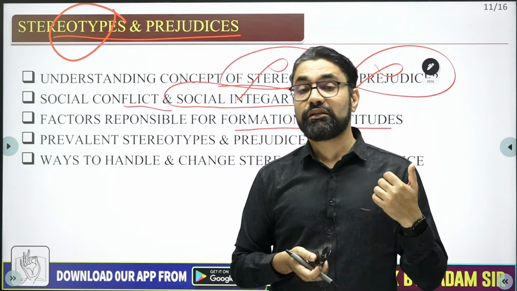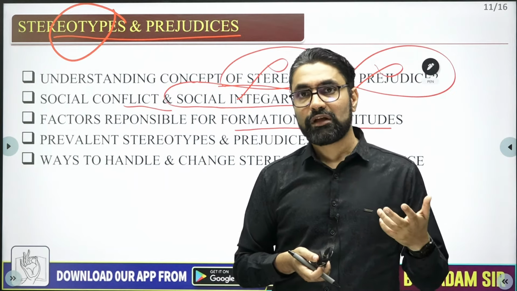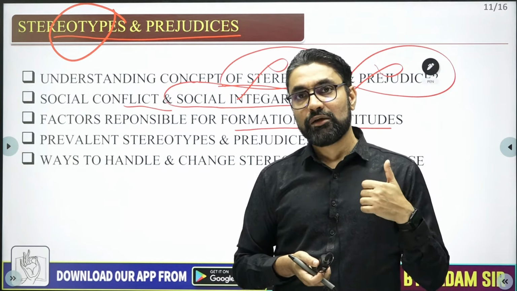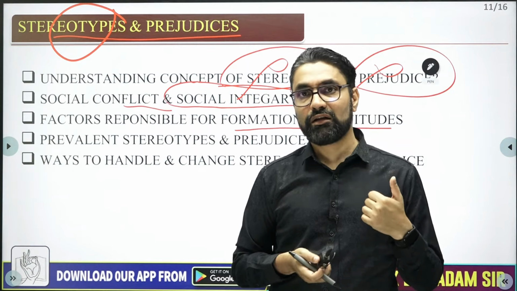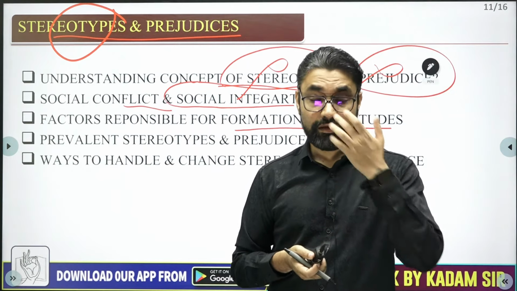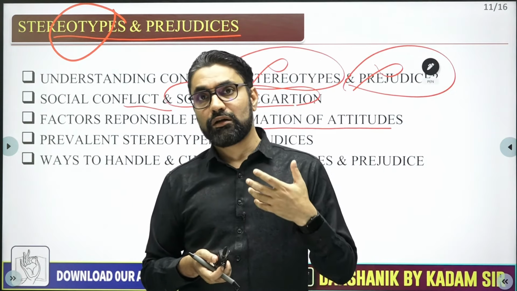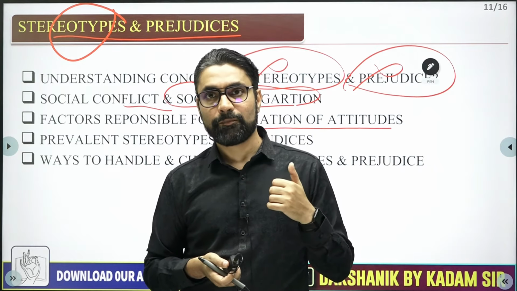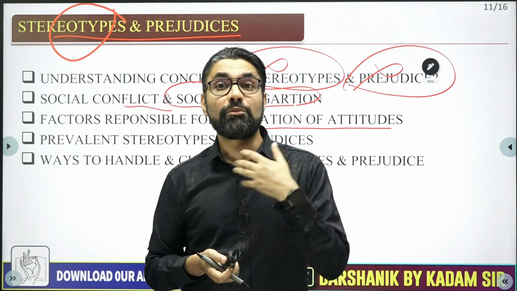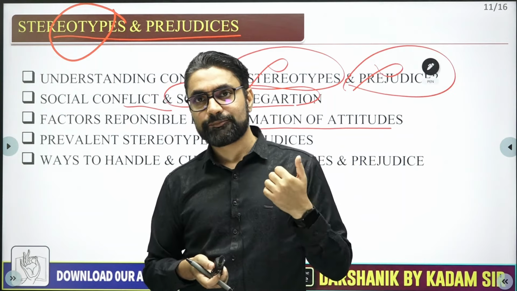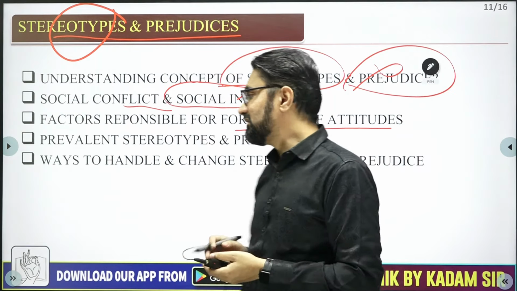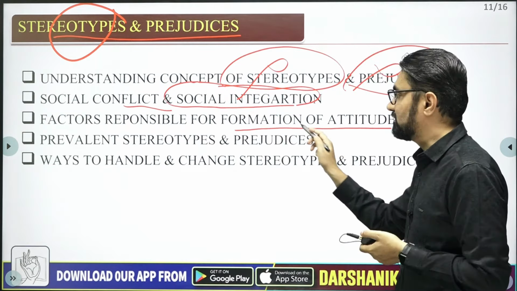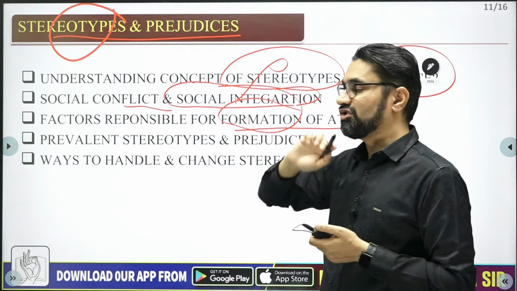Then we'll discuss the theory of zero-sum game, how it produces prejudices. We'll discuss political factors, economic factors. Then Sherif's Robbers Cave experiment, where he discussed how competition produces prejudices. So we will discuss 8-10 theories of stereotype and prejudice formation.